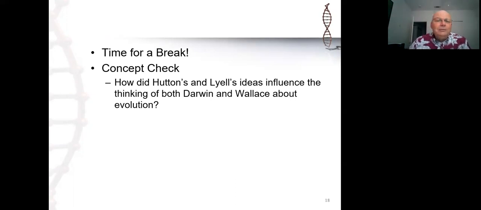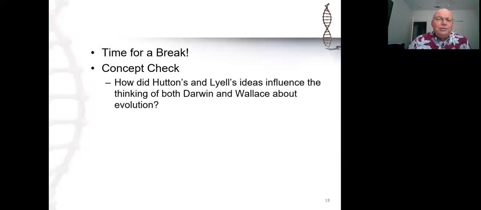But it also influenced Darwin and Wallace, because remember that Darwin and Wallace proposed that changes in organisms over time would be gradual and slow in small increments, leading to the accumulation of small incremental changes that would give rise to a large change.